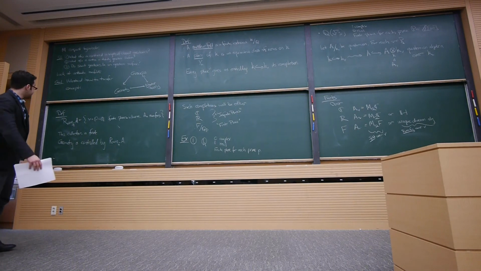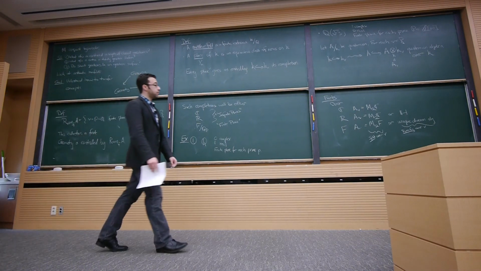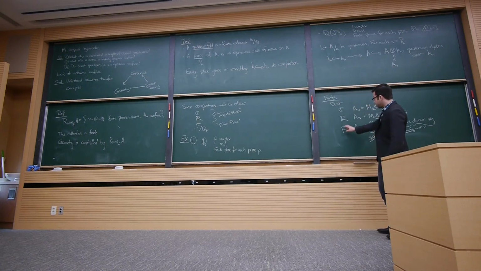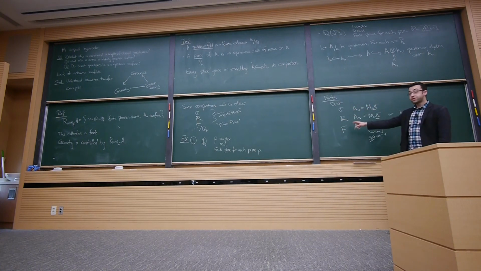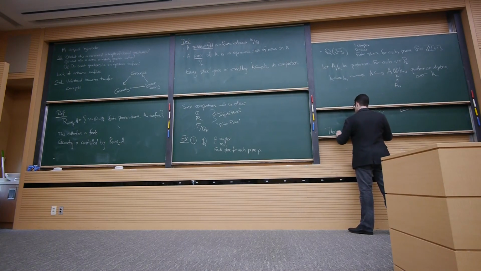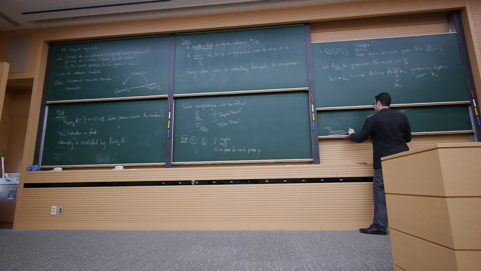Oh, and I should say, maybe I'll put it back over here. There's a theorem that A is totally determined by what it does here. If two algebras split and ramify at the same places, they're going to be the same algebra.